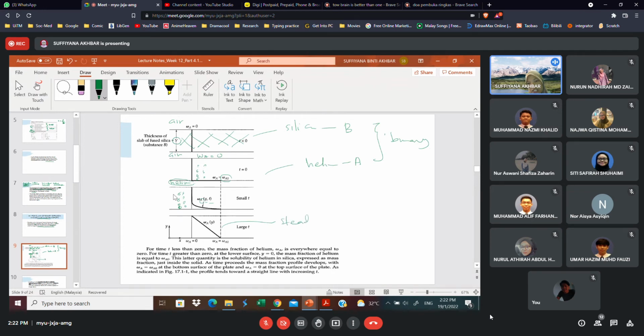At steady state, the concentration becomes linear. If you look here, the axis is X, and here is Y. Therefore, the helium is transferred in the positive Y direction.